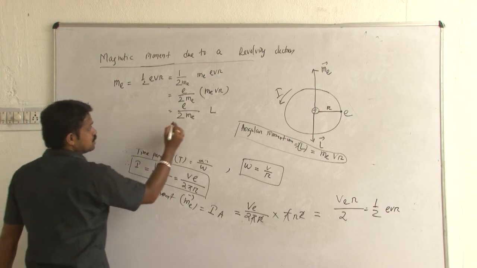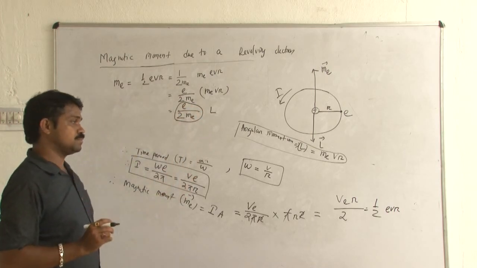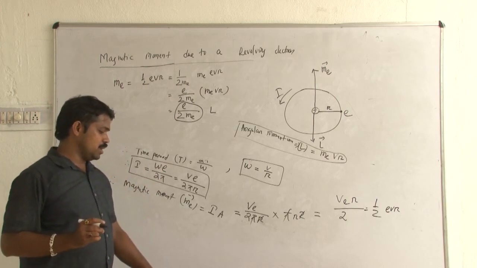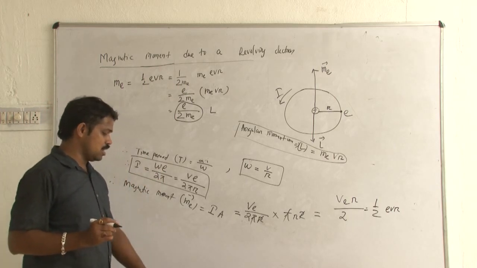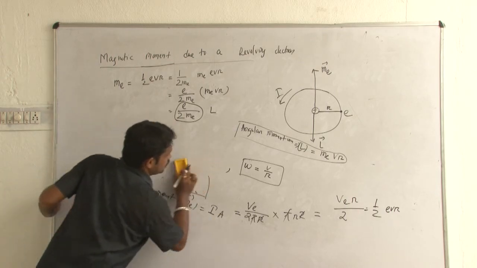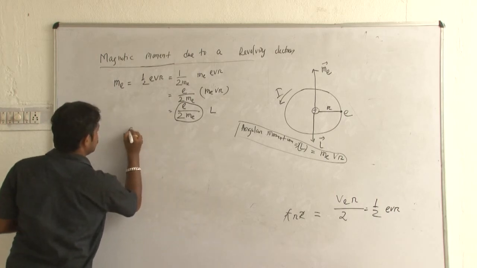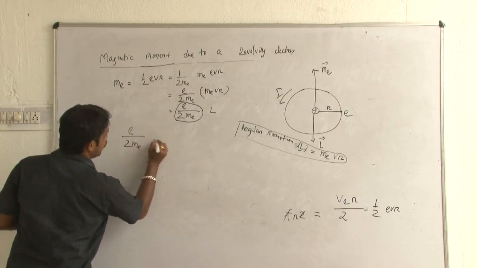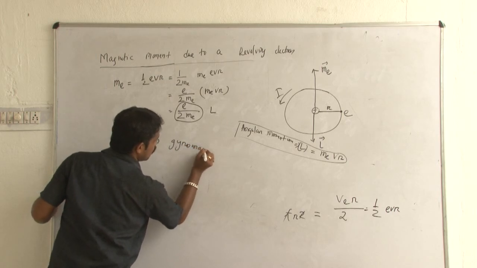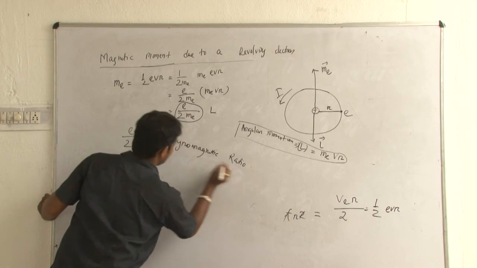But in this expression there is a term e by 2 m_e. Look very carefully. This ratio e by 2 m_e is called the gyromagnetic ratio.